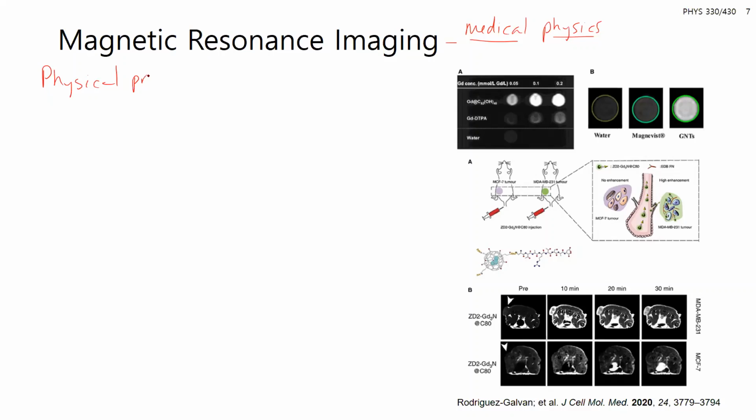MRI is based on the physical principles that we talked about with NMR. So can you guys throw in the chat or just unmute, what region of the electromagnetic spectrum were we using in NMR and what phenomenon? If you guys recall.